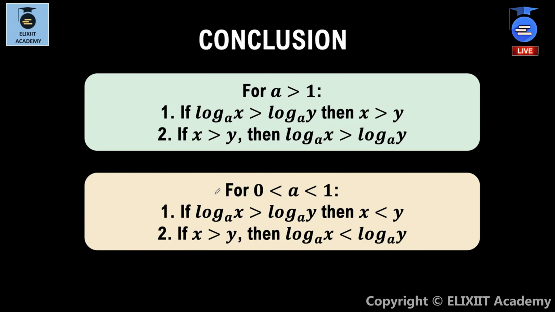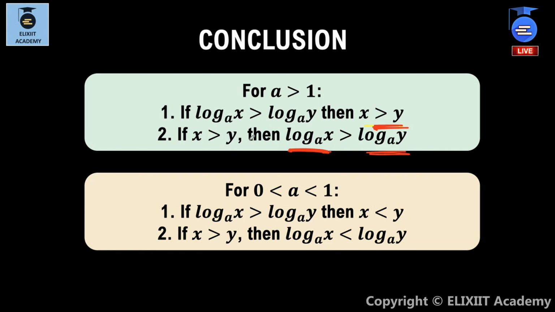One is this: for a greater than 1, if log x base a is more than log y base a, then x is greater than y. Clear? And the reverse: if x is more than y, then log x base a is more than log y base a.